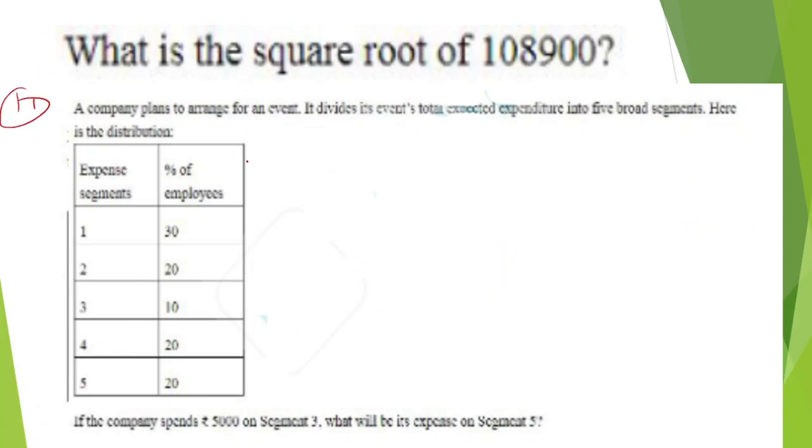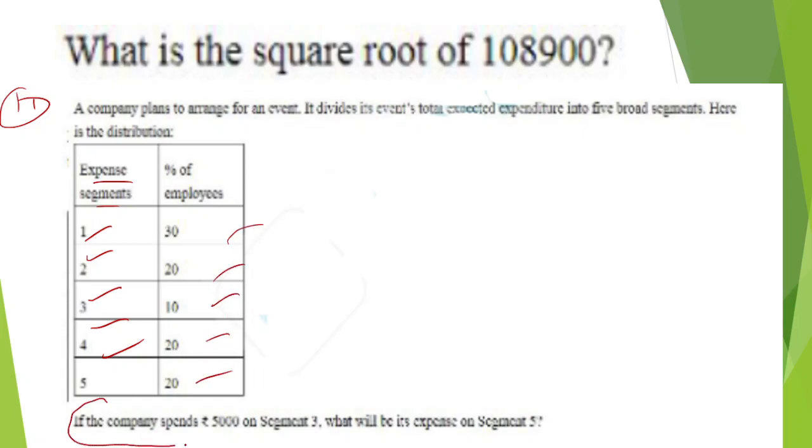Question number 11. A company plans to arrange an event. It divides its event's total expected expenditure into 5 broad segments. Here is the distribution. You can see expense segments 1, 2, 3, 4, 5, and the percentage of employees 30, 20, 10, 20.